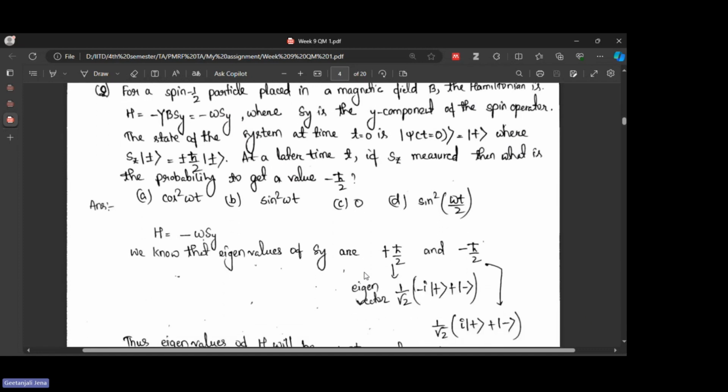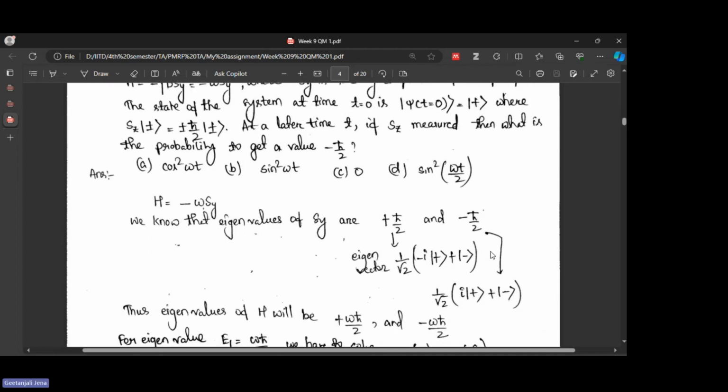As I solved in the first question, the eigenvector corresponding to plus h-bar by 2 will be 1 by root 2 times the plus ket plus i times the minus ket. For the minus h-bar by 2 eigenvalue, the eigenvector will be 1 by root 2 times the plus ket minus i times the minus ket. This is similar to what I have solved in the previous question, so the eigenkets are plus and minus.